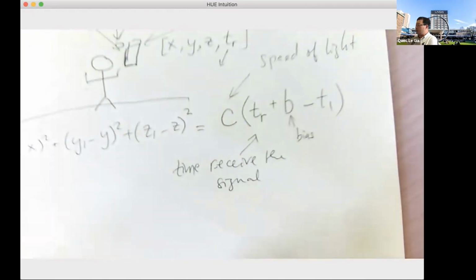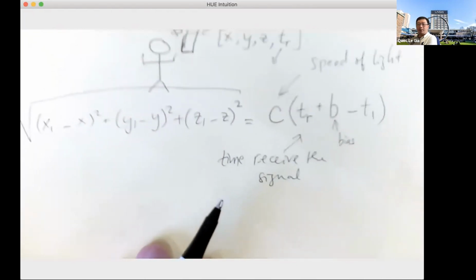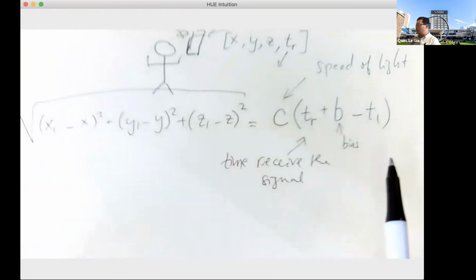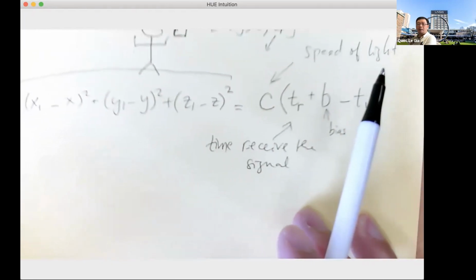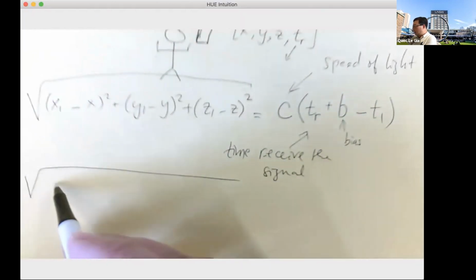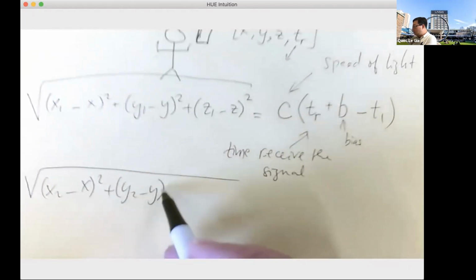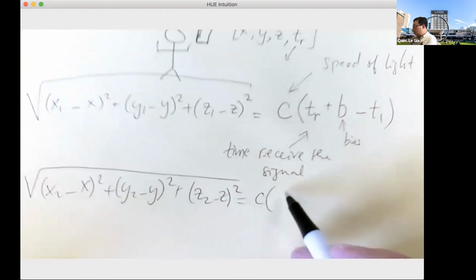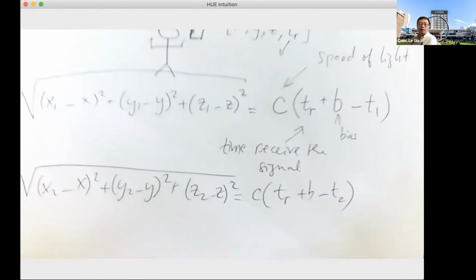So how many equations do you have? You have 4 satellites, remember? So you have x1, y1, z1, and here you have t1, right? Okay, and then you do the second satellite, then you got x2 minus x squared plus y2 minus y squared plus z2 minus z squared equals c times the quantity t2 plus b minus d2, right?